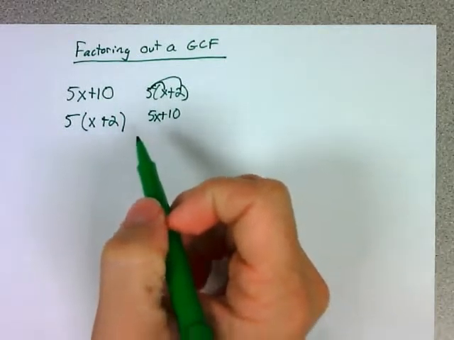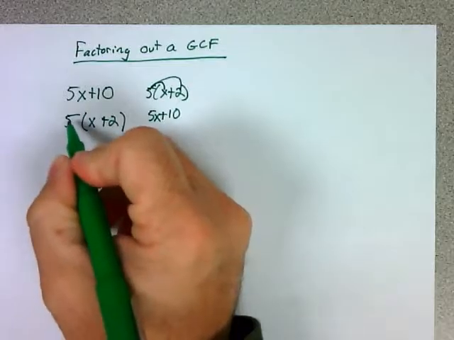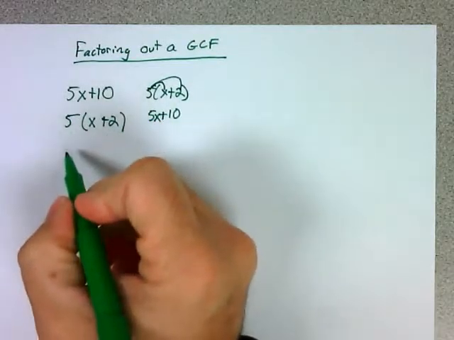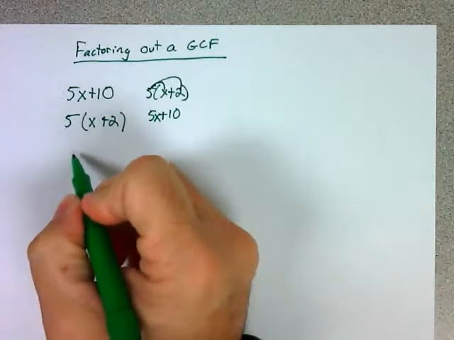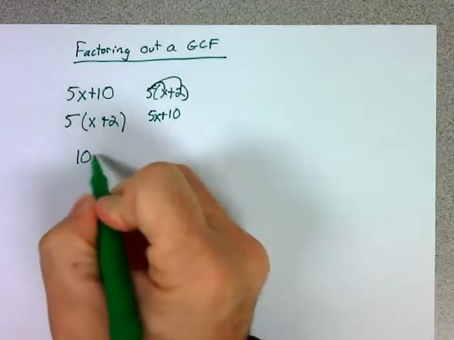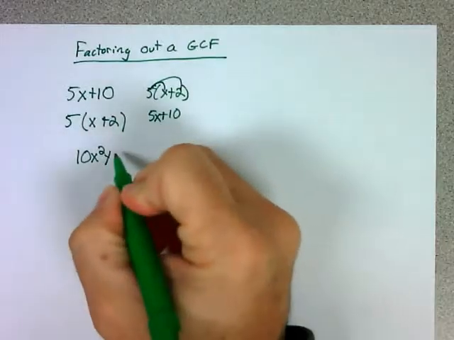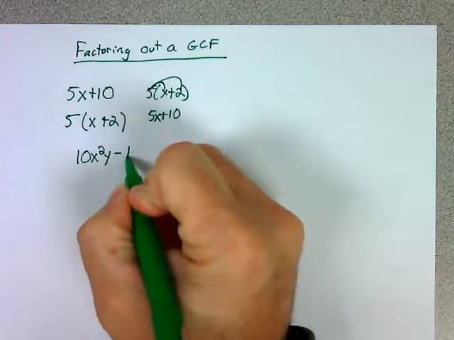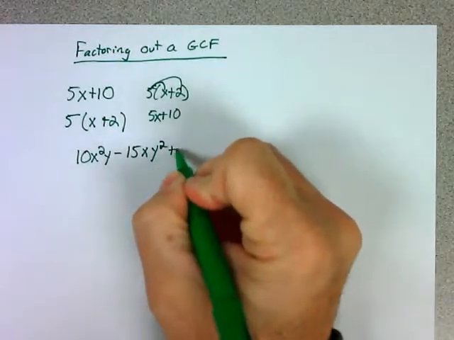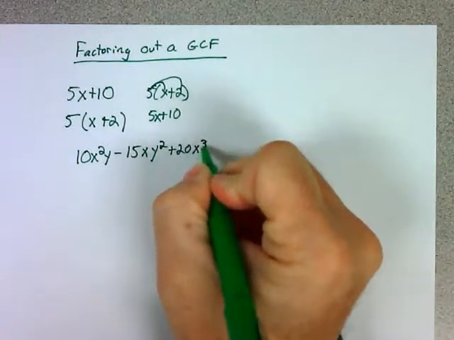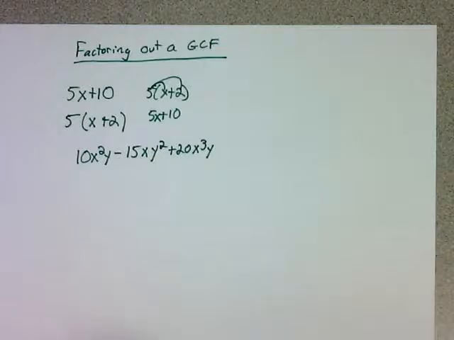Now, not only can we pull out coefficients and constants, we can also pull out variables and multiple variables. So you may have something like this: 10x squared y minus 15x y squared plus 20x cubed y.